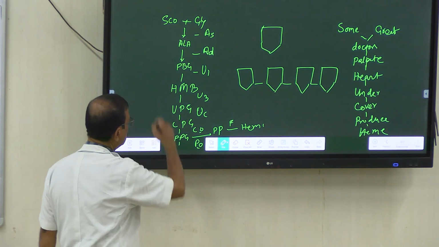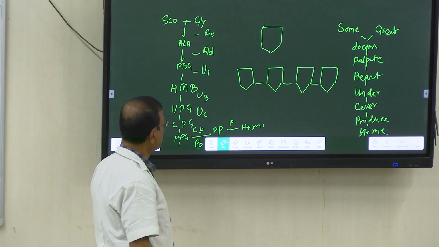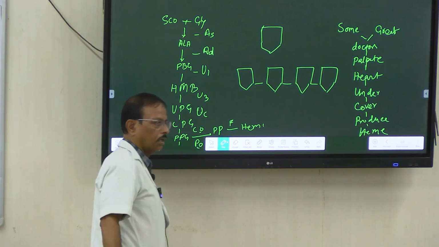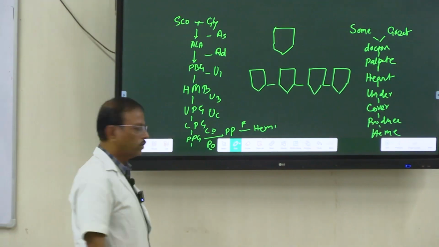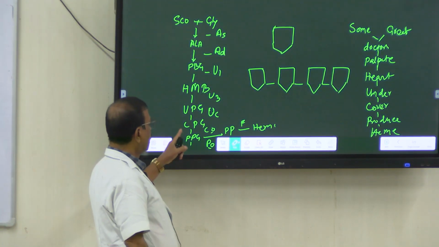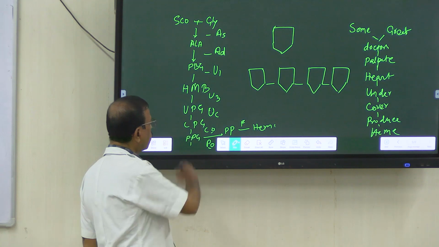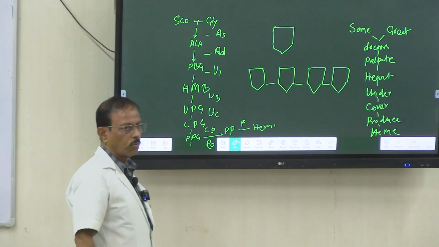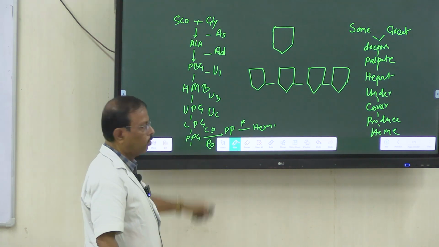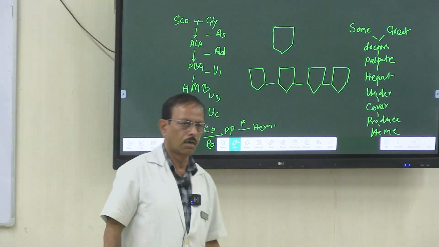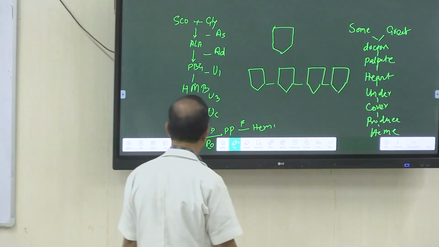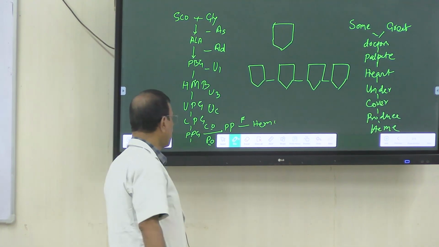Then from hydroxymethylbilane to uroporphyrinogen 3, it is uroporphyrinogen 3 cosynthase. Okay. Now from uroporphyrinogen 3 to coproporphyrinogen, it is uroporphyrinogen decarboxylase.